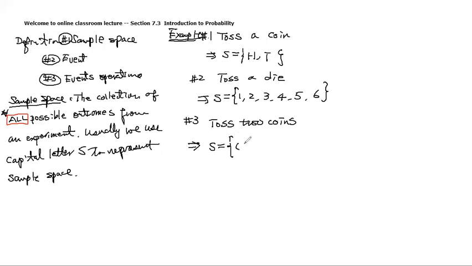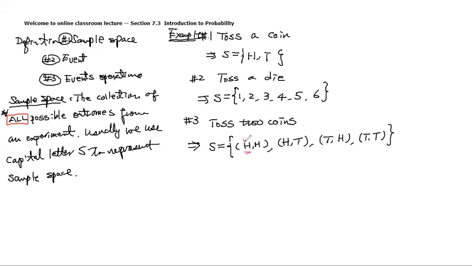I can have head, head, meaning the first coin is a head and the second coin is a head. Then I can have head, tail, meaning the first coin is a head and the second is a tail. Then tail, head, meaning the first is a tail and the second is a head. Then tail, tail. That is all the possible outcomes.